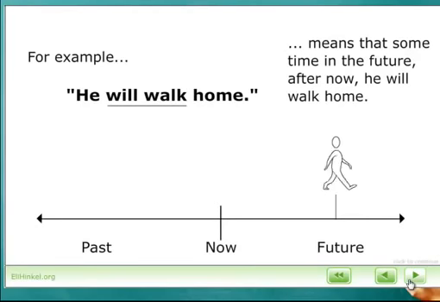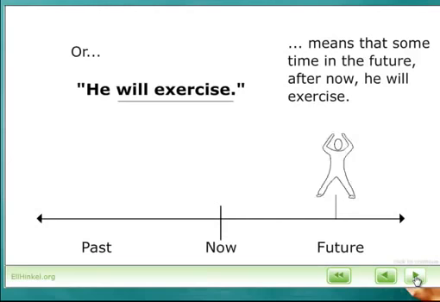That means that sometime in the future, after now, he will walk home. When will he walk home? I don't know, but sometime in the future, he will walk home. She will go home. He will exercise. I will eat supper later.